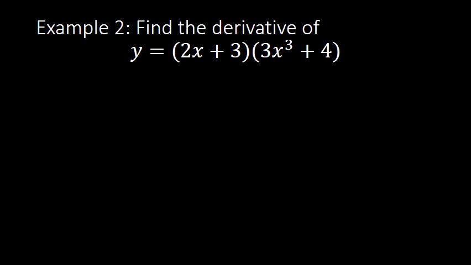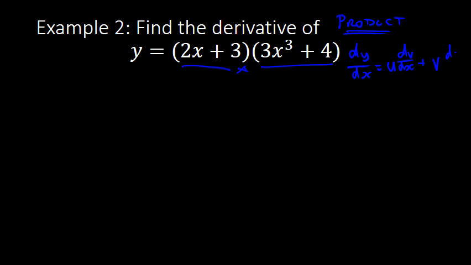To solve this question, we again recognise that it is a product of two terms. So we work ourselves with the product rule, which is that the derivative of y with respect to x is u dv/dx plus v du/dx. Okay, so emphasising again, opposites, opposites.